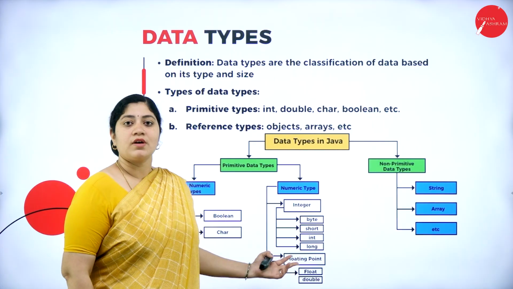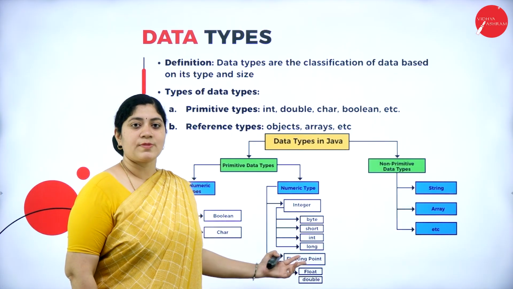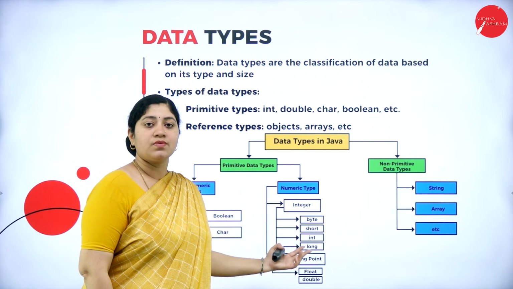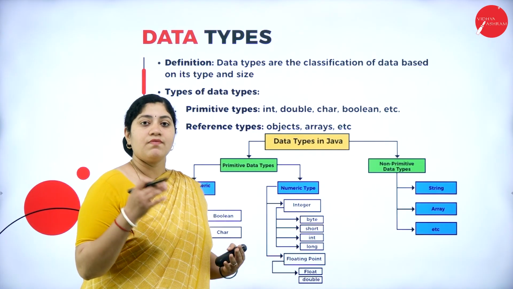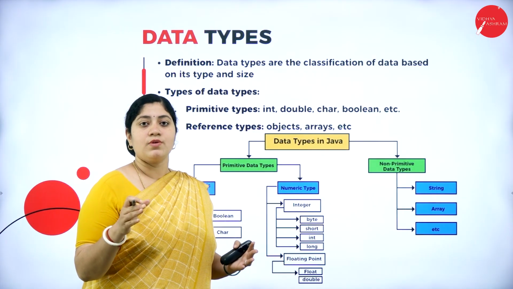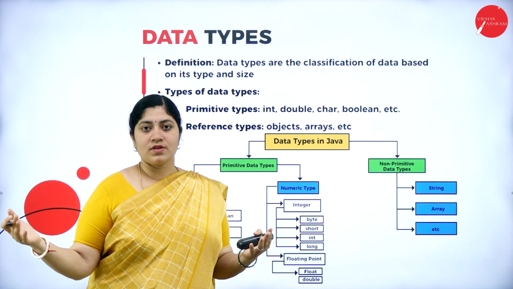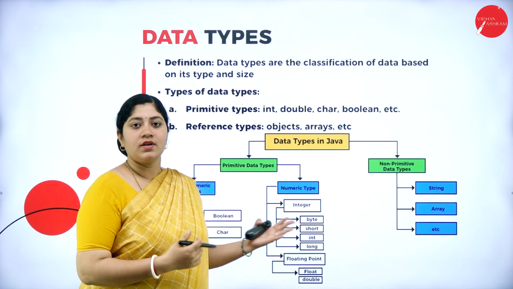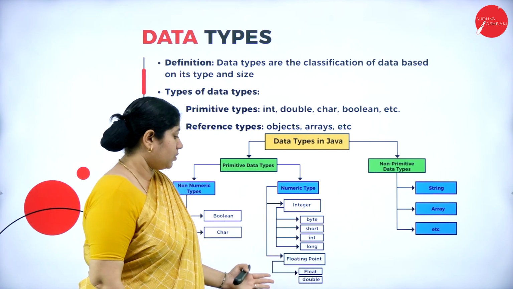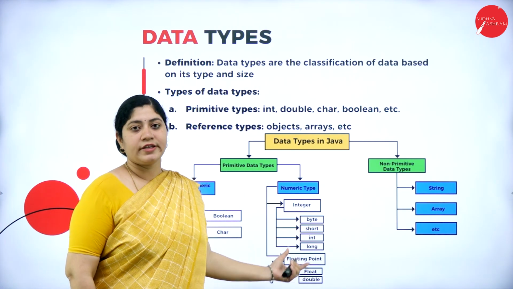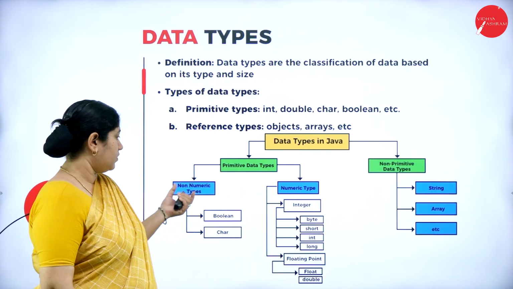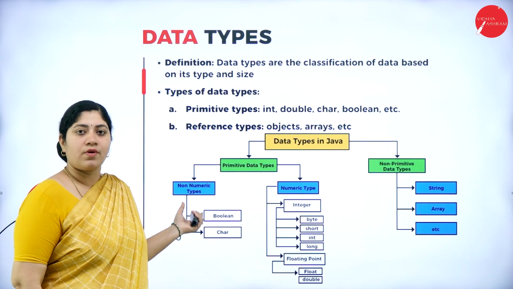Then when we move to floating point, that is with respect to decimal values, that is float. If my float, that is a decimal value, has to be considered to more than 4 numbers, then we have to go with double. So that's what the double keyword is used for. Similarly, let's see the non-numeric types.